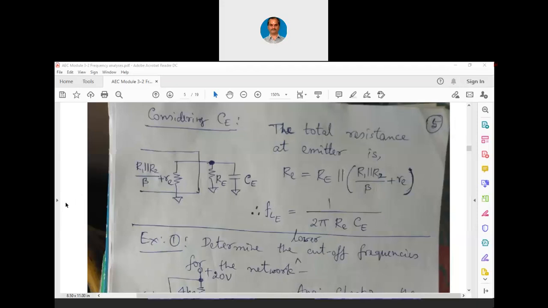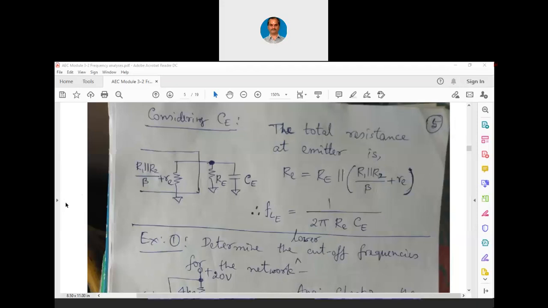Because looking from the input side, we have the dynamic resistance at the emitter, and we already have R1 parallel to R2 there at the base, and that is divided by beta from the emitter side. We are actually finding out the resistance at the emitter side. Okay, but at the base side, we already have R1 parallel to R2 along with small re. That small re is the dynamic resistance of the emitter.